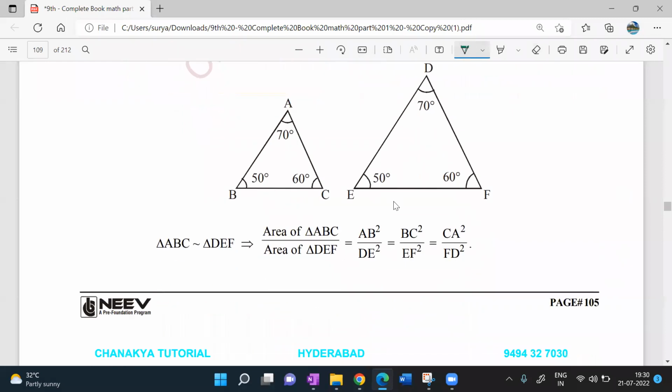Here AB square by DE square, this can be that. Or area of triangle ABC, let me write the variations here.